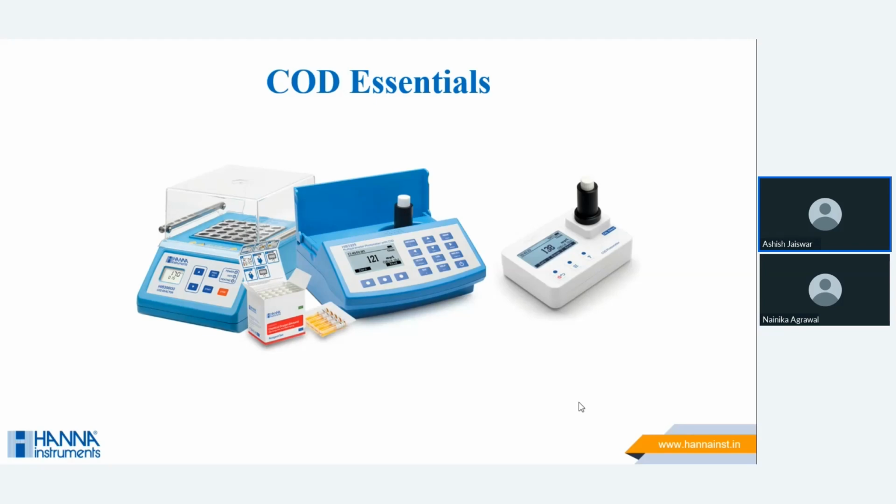We have two digesters, one for 150 degrees Celsius heating, and the second for the rapid test at 170 degrees Celsius, and the pre-dosed reagent vials will come. We can also use a spectrophotometer for COD testing.